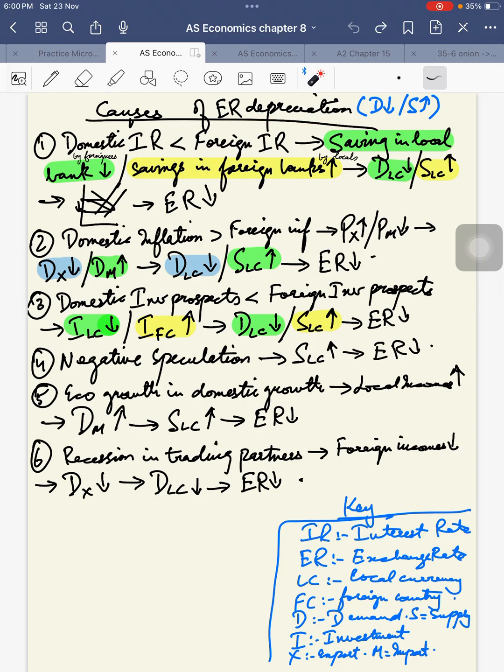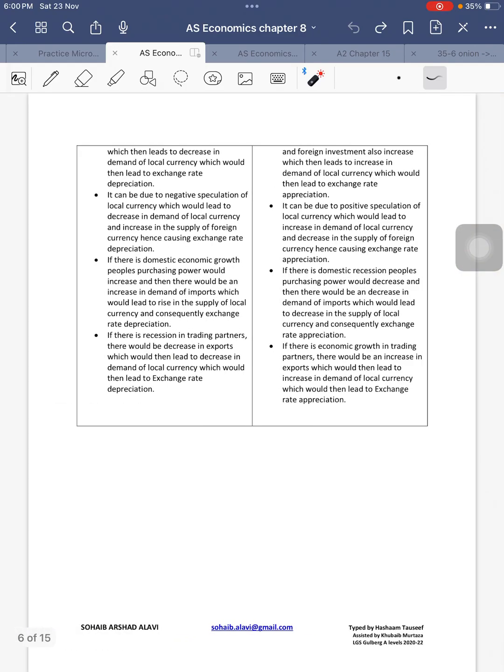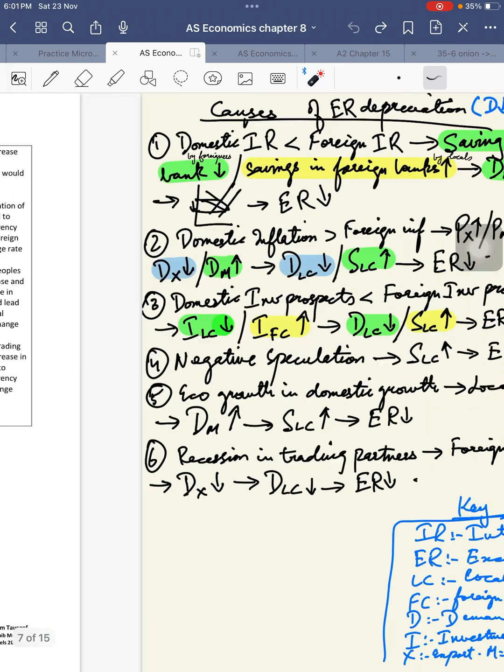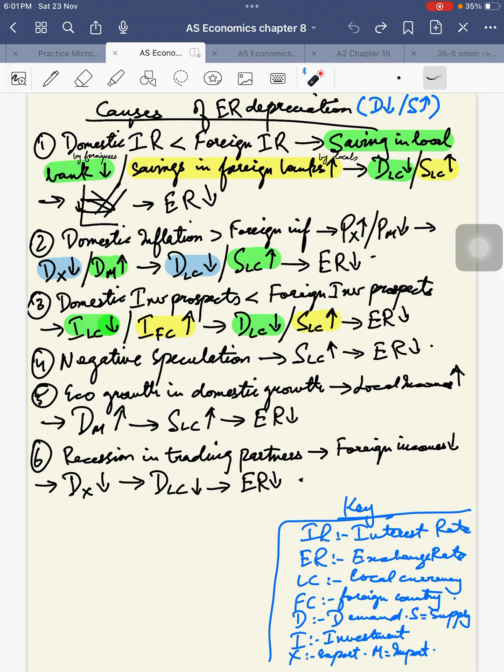We know for a fact, as we've just discussed, that depreciation occurs when there is a fall in the demand for the currency or a rise in the supply of the currency, or both. The question is, when does the demand for the currency fall, when does the supply of the currency rise? Let's talk about these factors that cause these changes in demand and supply.